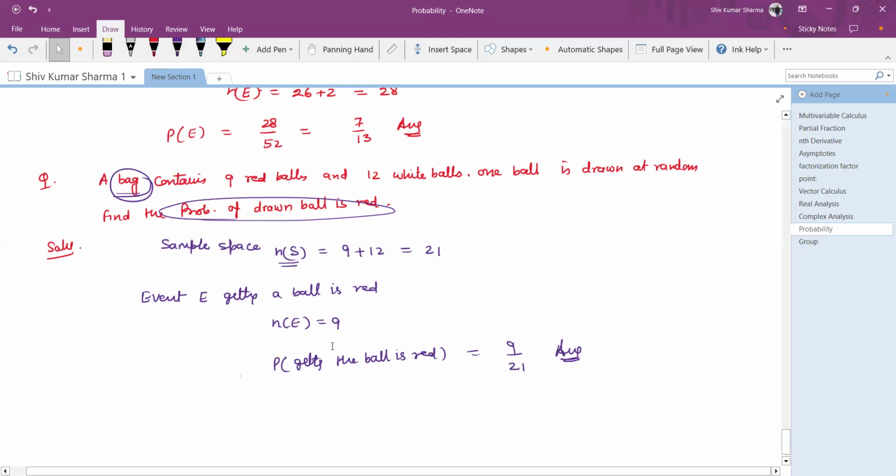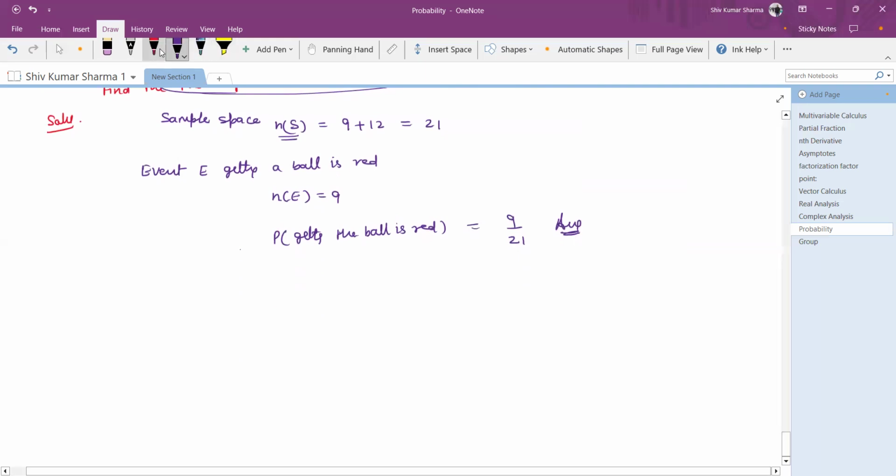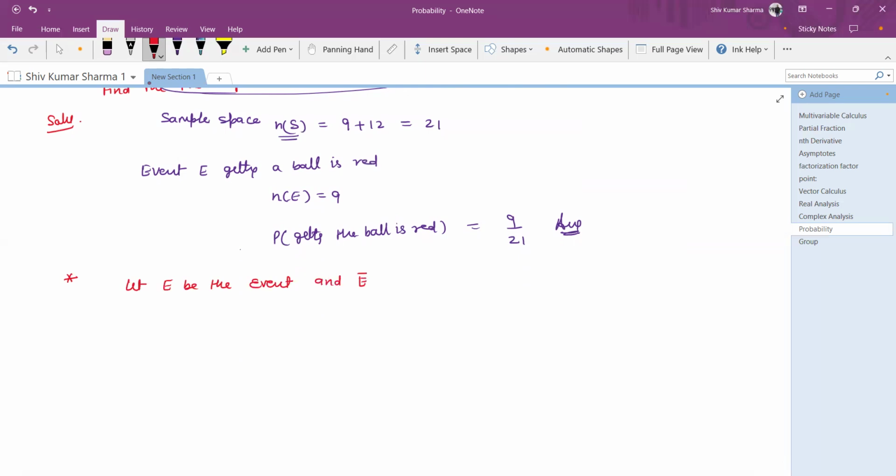Now we have one note related to events. Let E be the event and E bar is the complement of E. Then the probability of the complement of E, that is E bar, is equal to 1 minus the probability of event E. This thing you have to remember.